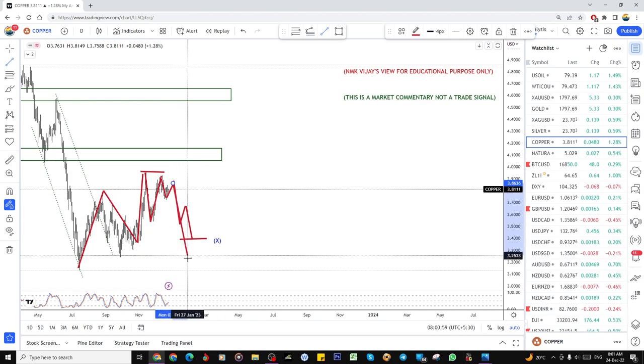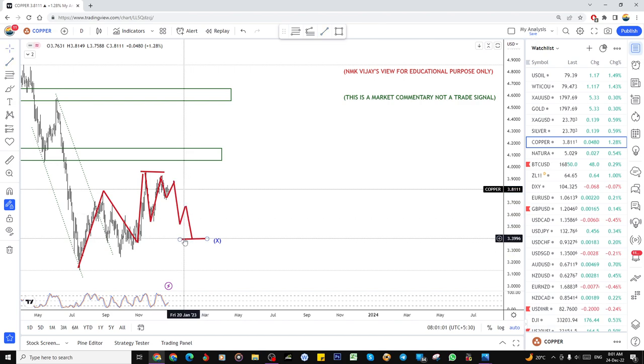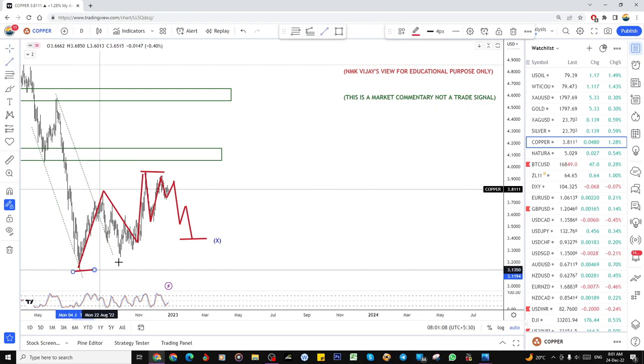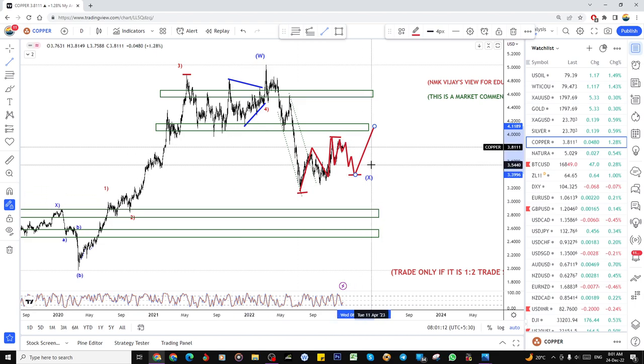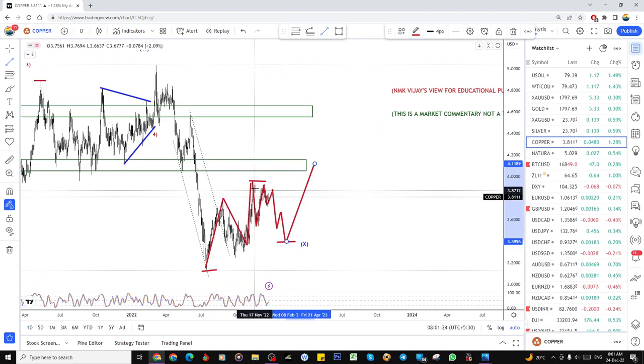If it is very aggressive, no need to enter. Wait for these corrections to complete, and make this the stop loss, looking for this one going higher. But here, it's correlated to the Australian dollar and the New Zealand dollar, so you need to watch and correlate that, because one 3-wave structure got completed.